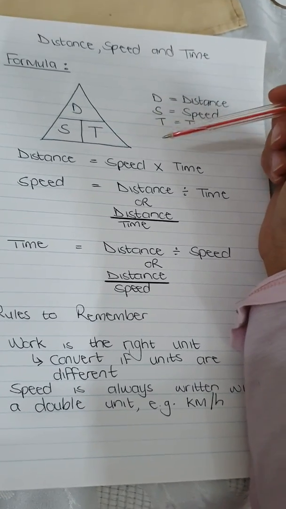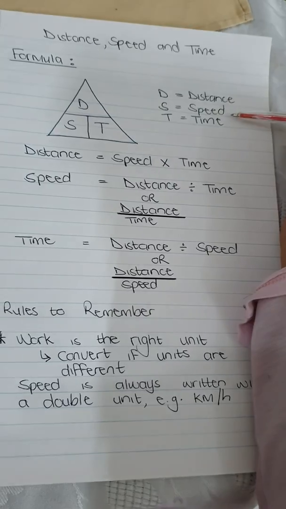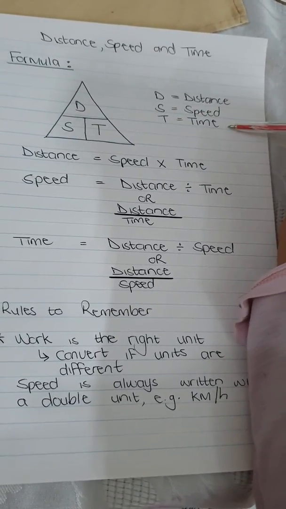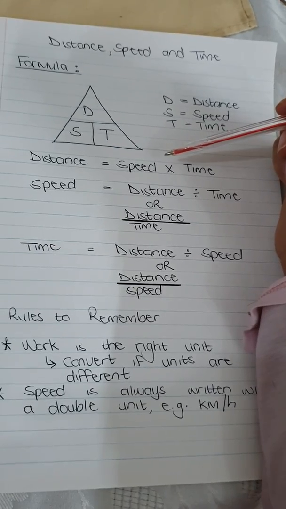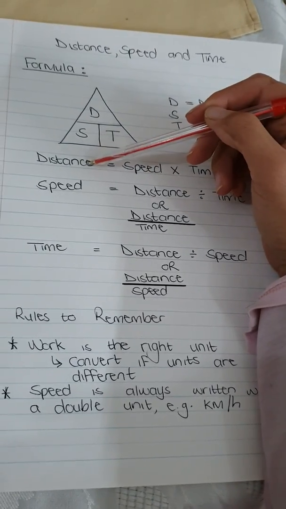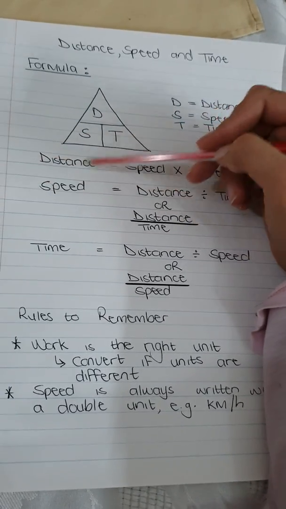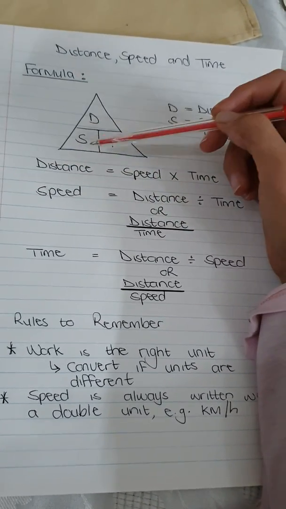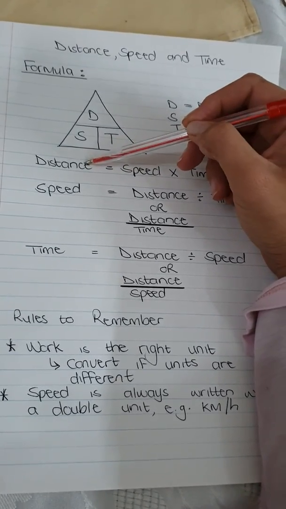Now, let us elaborate on this here. The D stands for distance, the S stands for speed, the T stands for time, and let's break down our formulas a little bit further now. We have distance. When we need to look for distance, so anything on this side of my equal to sign or on my left hand side is what I will be looking for.